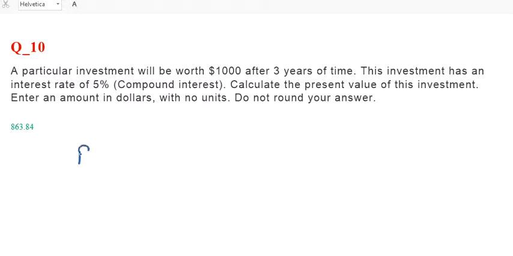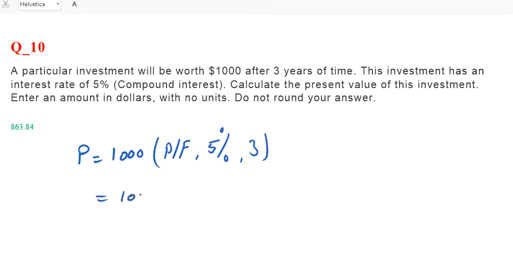So, present value of this investment equal to P equal to 1000 P given F, 5%, 3 years, that's equal to 1086.